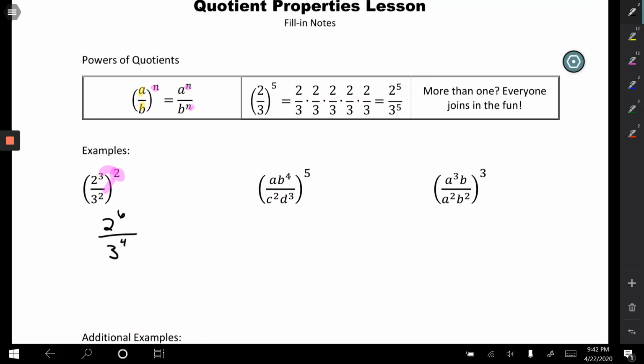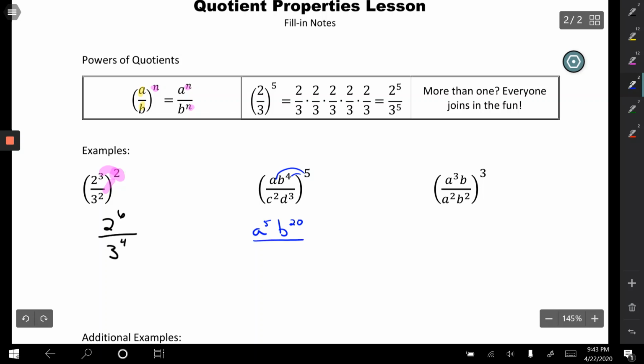Anytime I've got more than one base on the inside of the parentheses, everybody joins in the fun. And if the parentheses are surrounding a fraction, then everyone joins in the fun, top and bottom. So our second example illustrates this very nicely. This exponent will come to this base of A. It will multiply with the exponent already on the base of B. So 4 times 5 gives me 20.